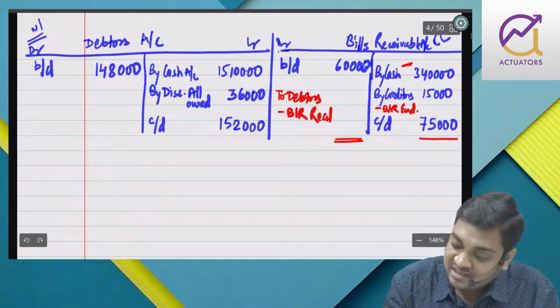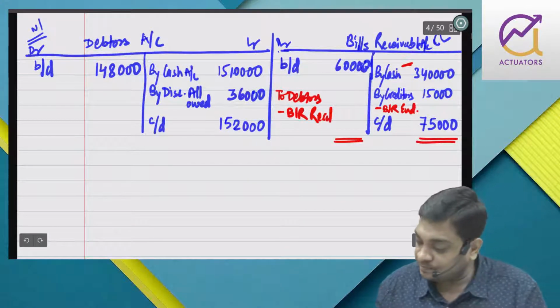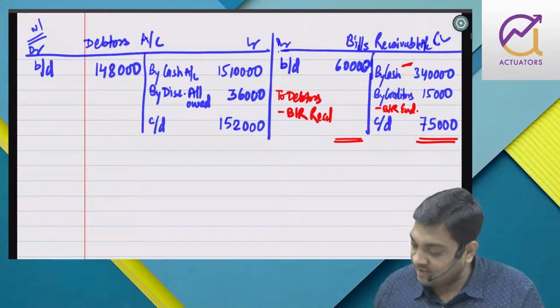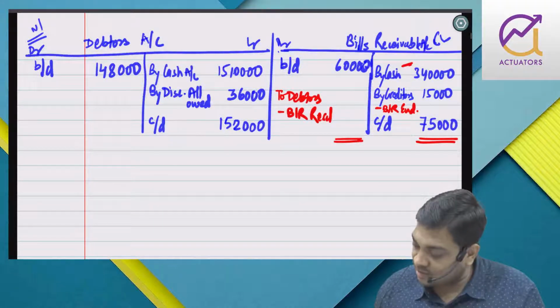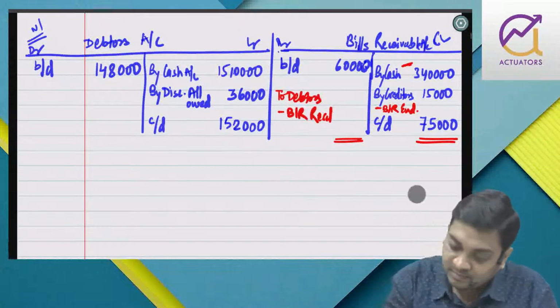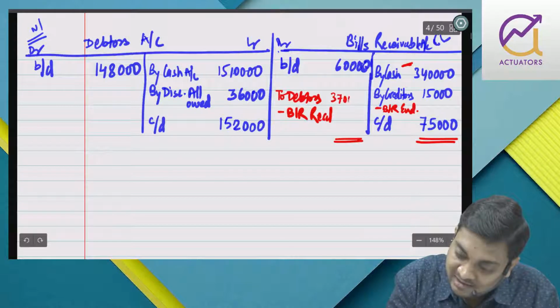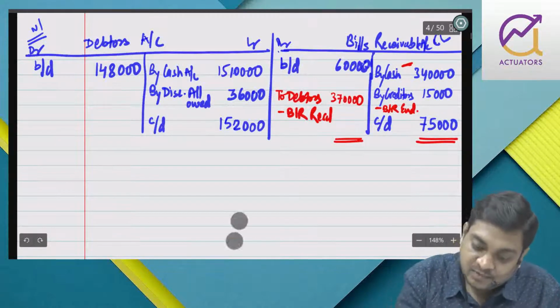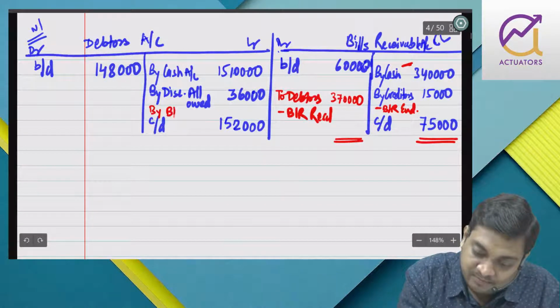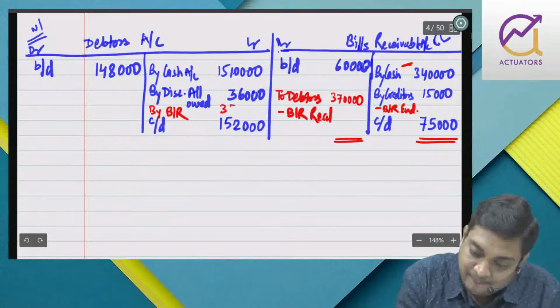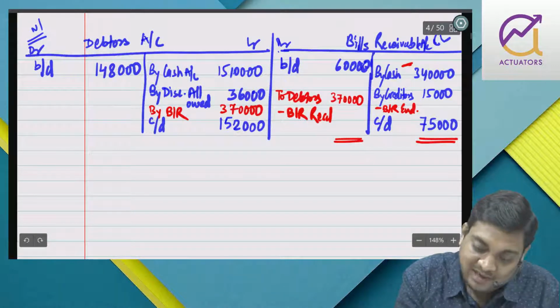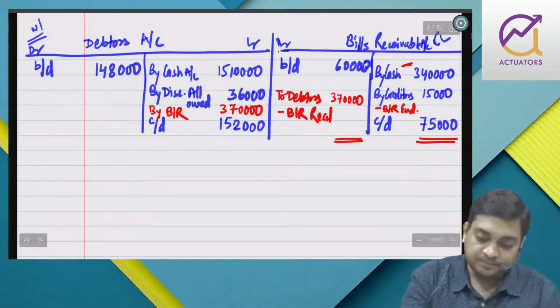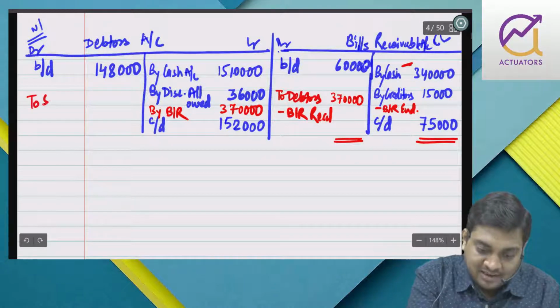So BR received is how much? 75 plus 15 plus 3,40,000 minus 60,000. That comes to 3,70,000. So this I will put here, by BR 3,70,000.